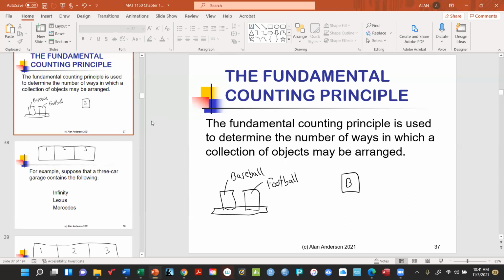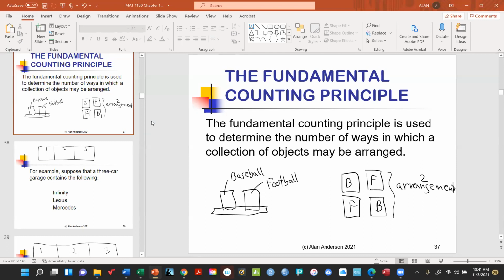You can put your trophies from left to right as baseball followed by football, or you can put football followed by baseball. Each of these is referred to as an arrangement because you're changing the sequence. There are 2 arrangements that we can create with these 2 trophies. And an arrangement simply means we're taking our objects and we are rearranging the order.